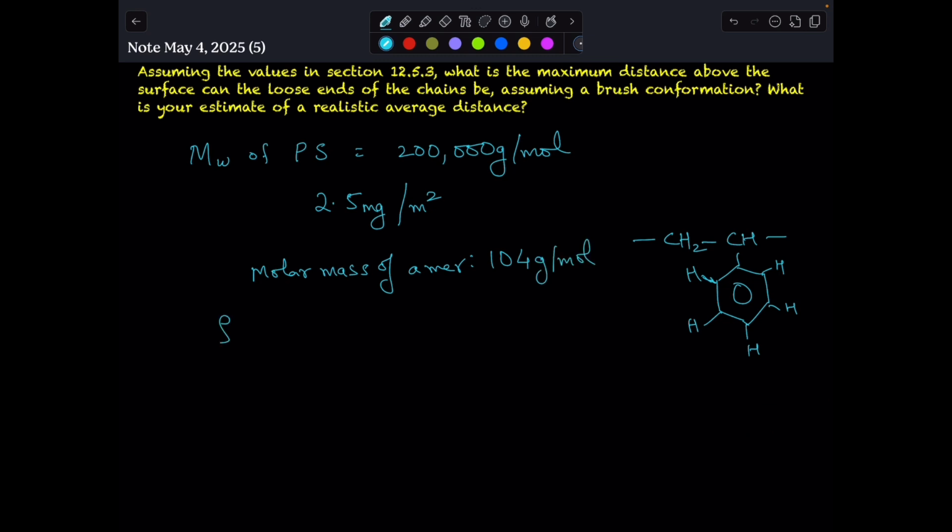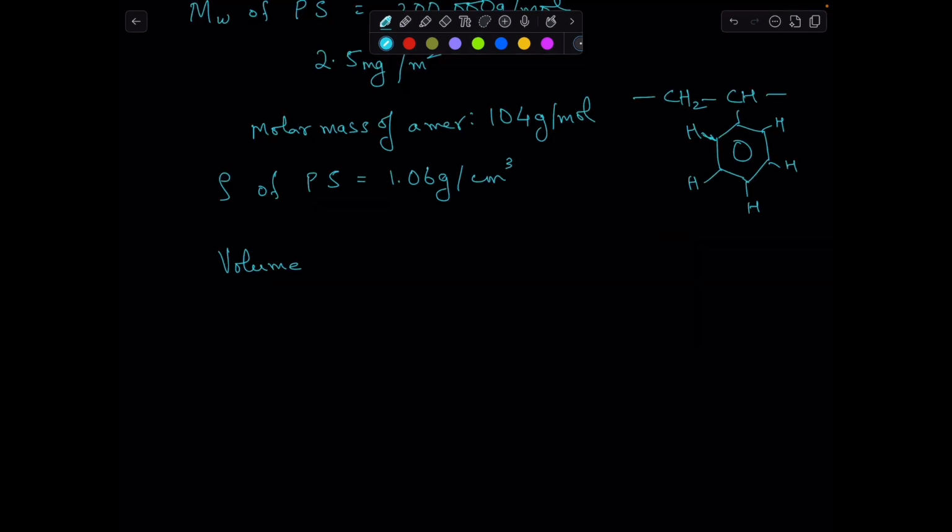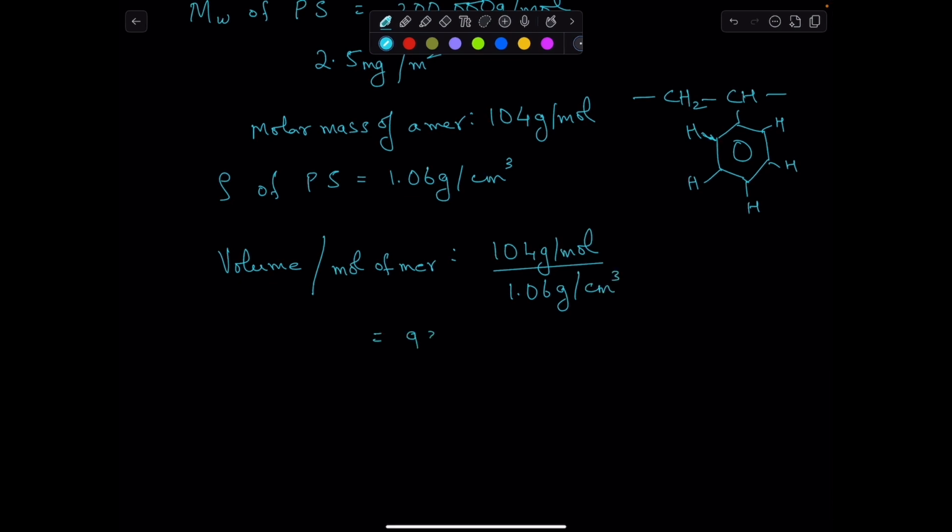The density of polystyrene we know is 1.06 grams per centimeter cube. The volume occupied per mole of mer would be 104 grams per mole over 1.06 grams per centimeter cube, which is 98.1 centimeter cube per mole of mer.